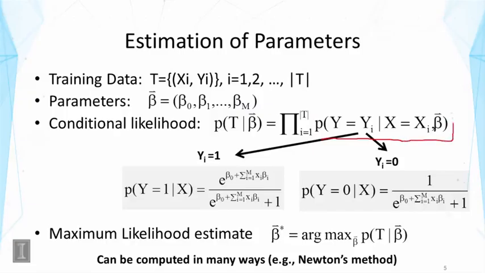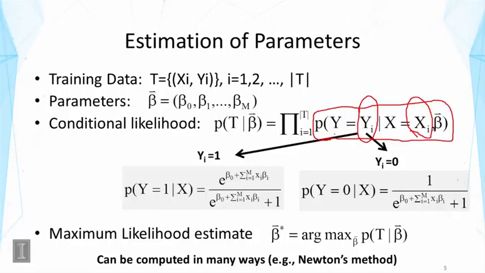Note that this is a conditional probability of y given x, and this is also precisely what we want for classification. Now, the likelihood function will be just a product over all the training cases. And in each case, this is to model the probability of observing this particular training case. So given a particular xi, how likely we are to observe the corresponding yi. Of course, yi could be 1 or 0.